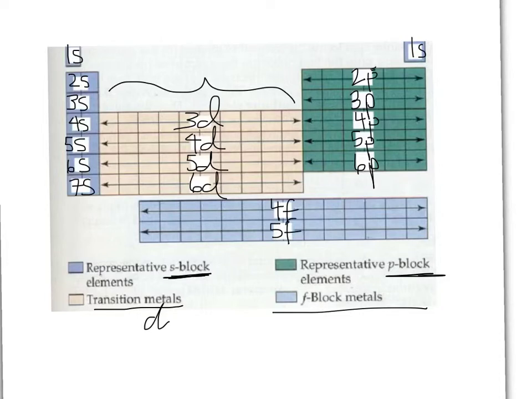And so remember yesterday in class I said, or well today I guess technically, in class I said that each box on the periodic table is considered to be one electron.